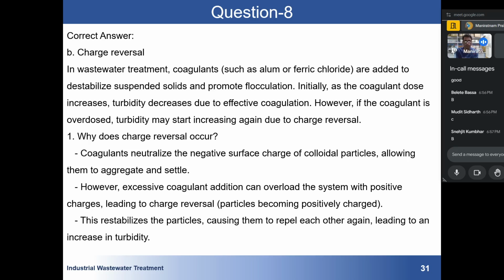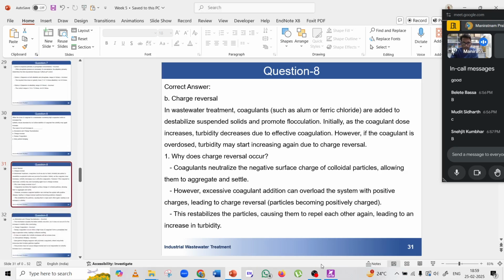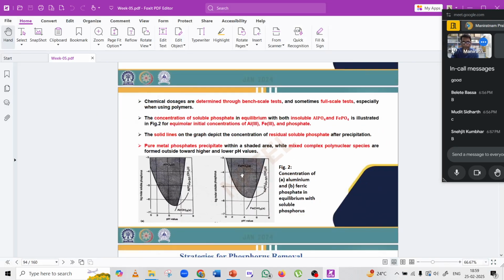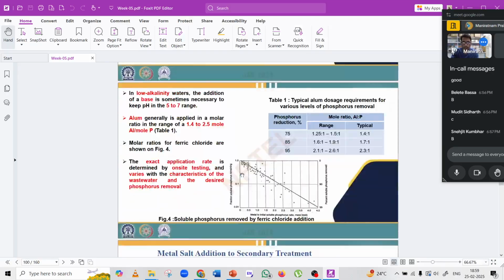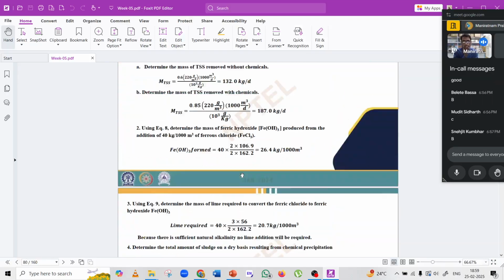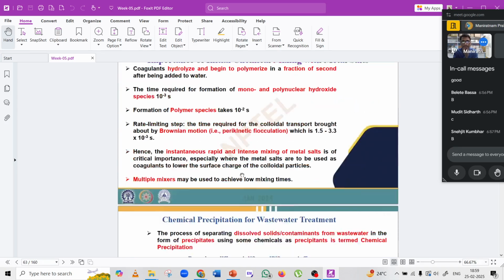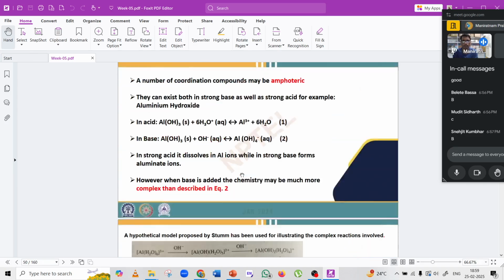This can also be explained with a graph. I will show you my notes.